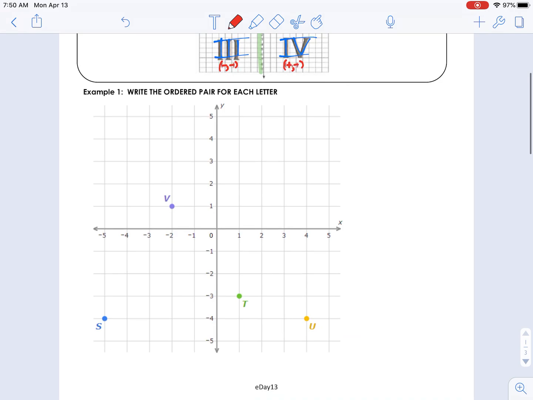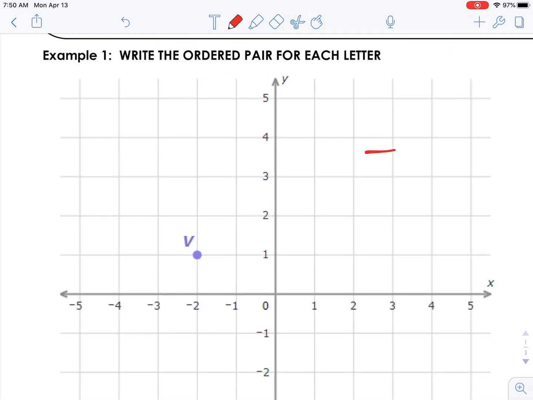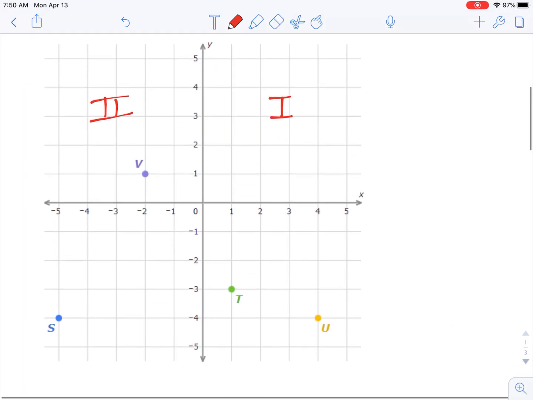So on your IXL, I'm going to ask you to write the ordered pair for each letter. On your IXL, they typically just want you to write it down for one letter. So let's start here. What is V? What quadrant are we in? It's in quadrant 2. So I'm going to label all our quadrants. Important to know your quadrants.